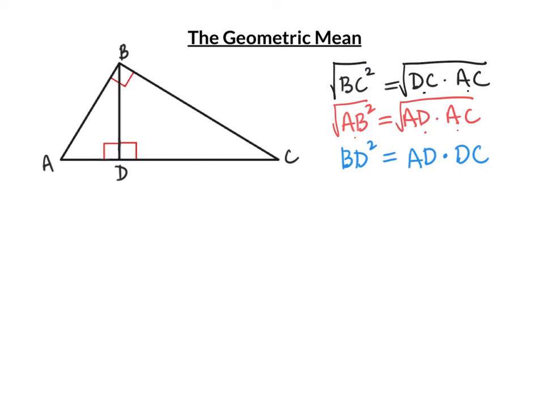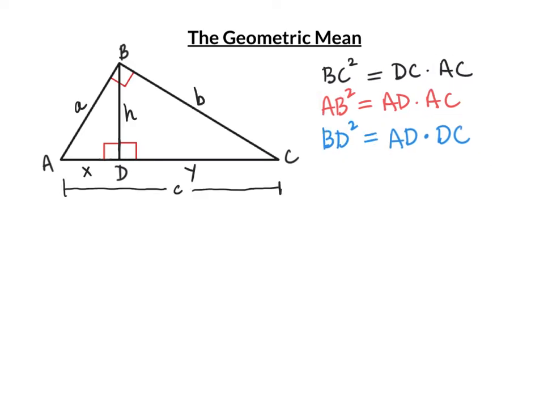And if I solve for BD, I take the square root of both sides, and it ends up being the geometric mean of AD and DC. Each of those lengths is the square root of the product of two numbers, in this case, segments. BC and AB and BD are the geometric mean of those segments under the square roots.